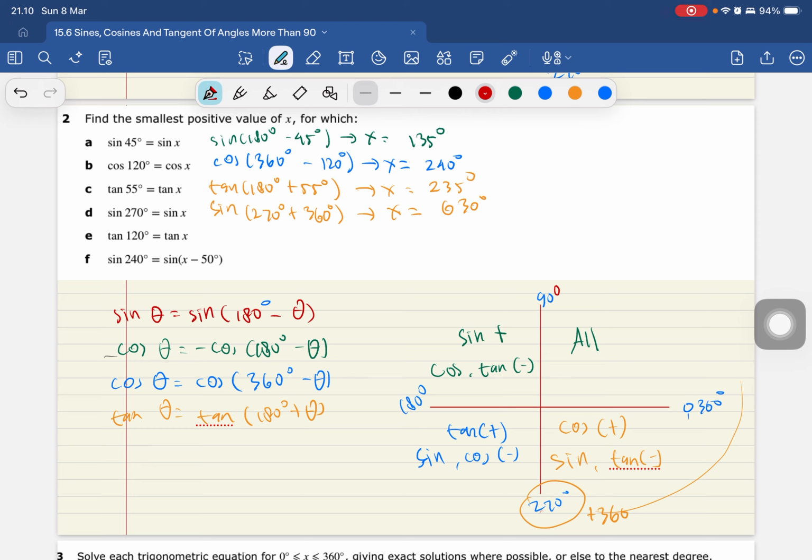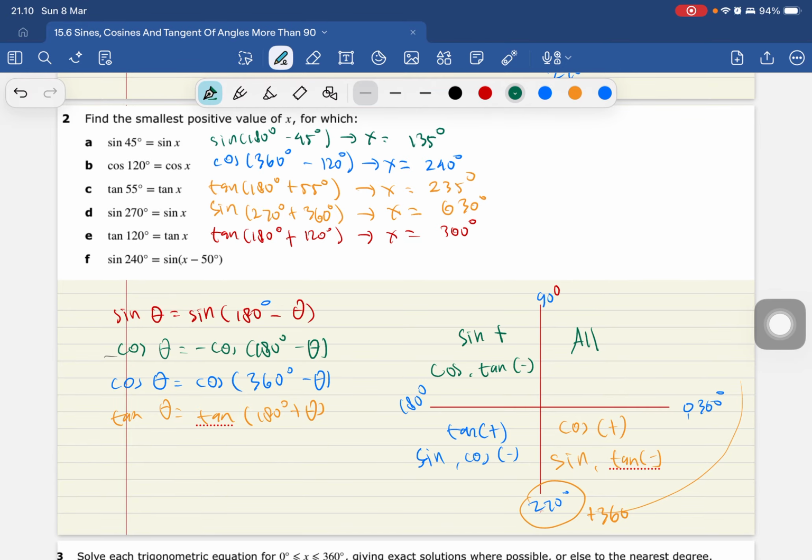Next is tan 120. We can use tan of 180 degrees plus 120 degrees. So the angle x is going to be 300 degrees.